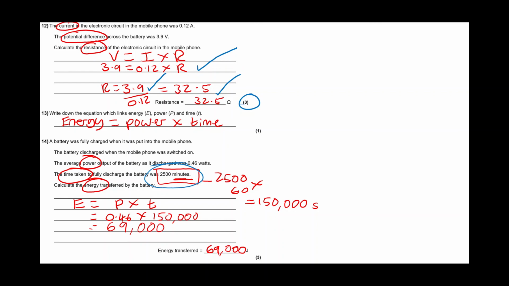If you didn't show your workings, you're getting 0 marks. If you did show your workings, you're getting 2 marks out of 3, so long as you've gone through this process. If you wrote 0.46 times 2,500, and then the answer that comes up, you get 2 marks, so long as you showed your workings. Didn't show your workings, you get 0. Okay? So very, very important there.